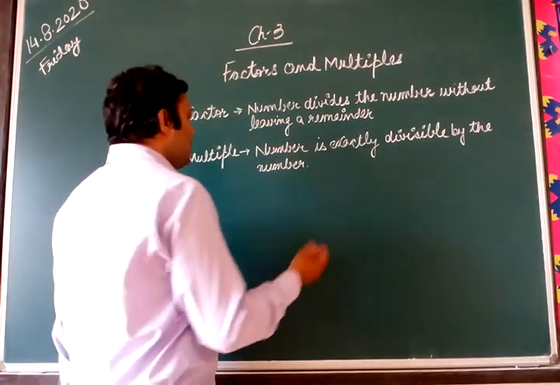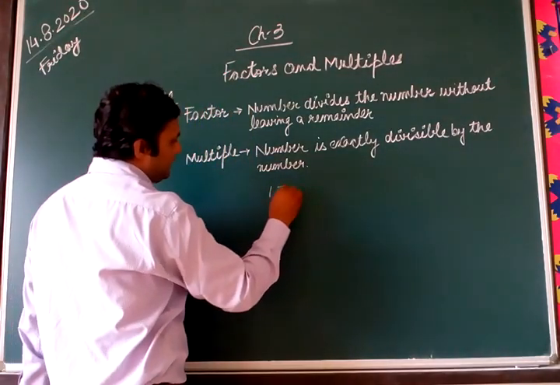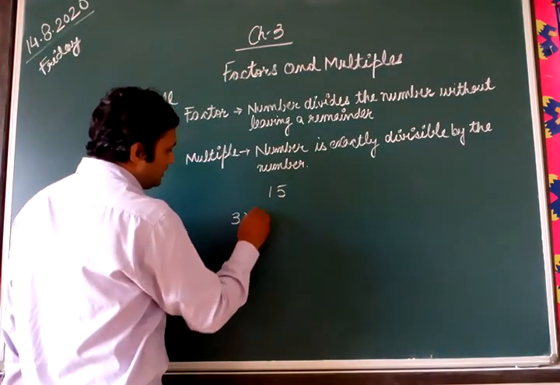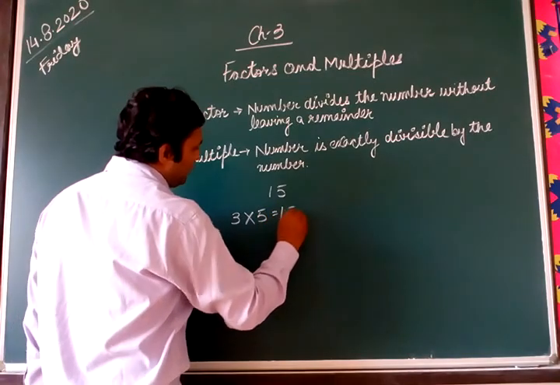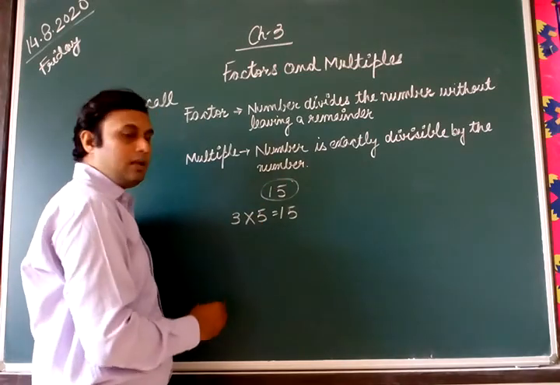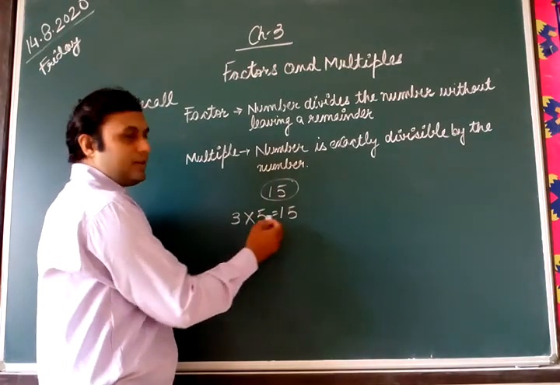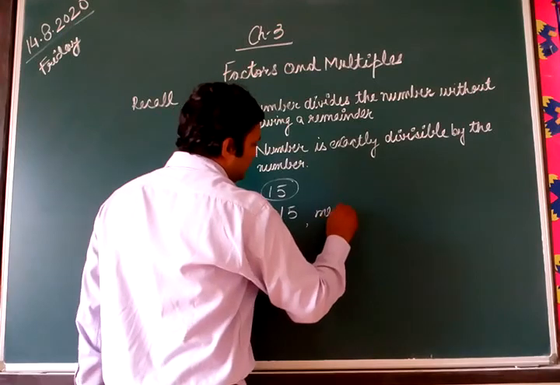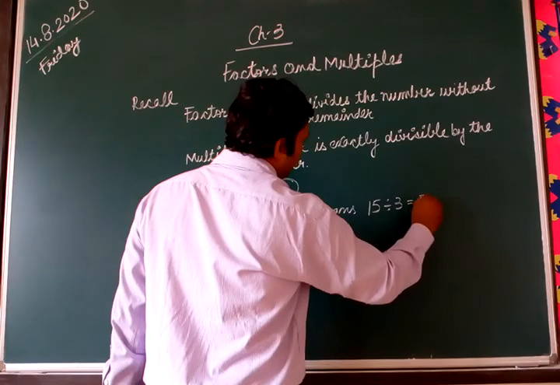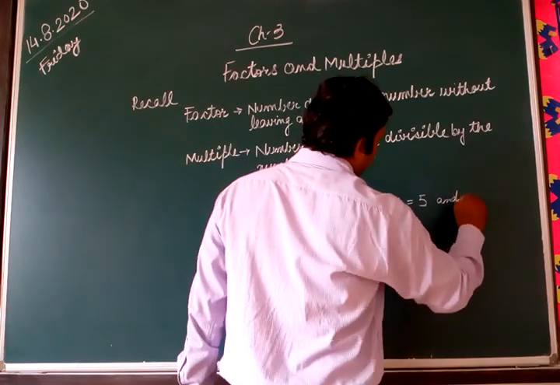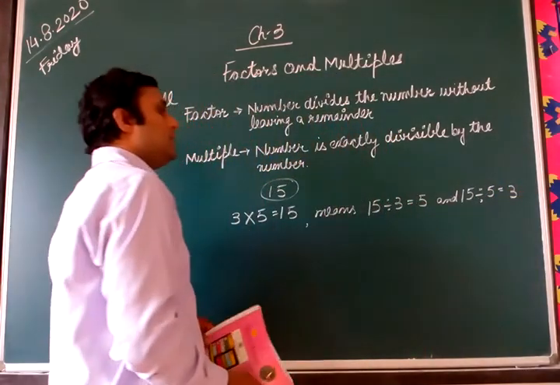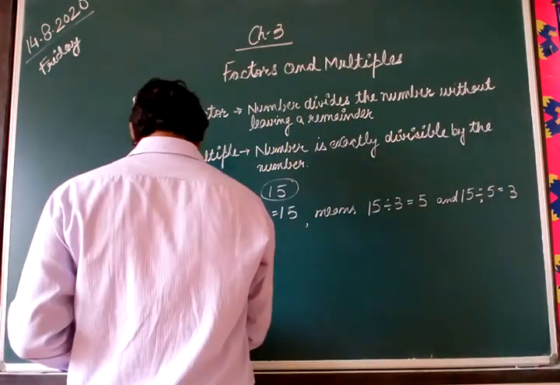A number exactly divisible by the number is the multiple. So suppose we take a number 15. We will talk about the factors. If we multiply 3 by 5, we get 15. That means if 15 is divided by 3, we get 5, and if 15 is divided by 5, we get 3.